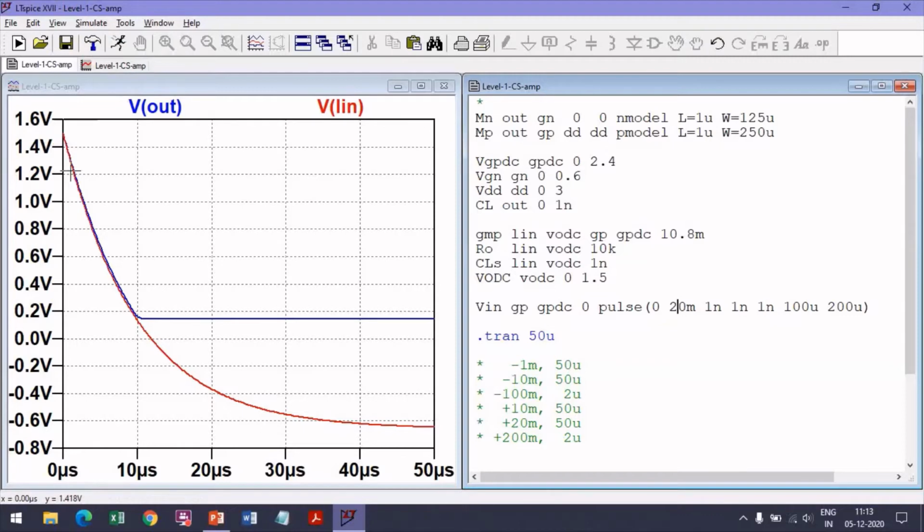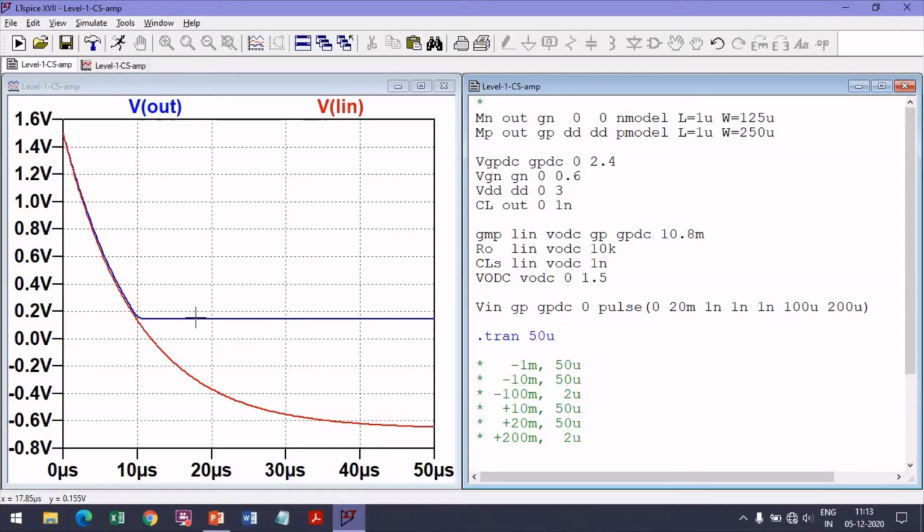But during the transient, the linear and the actual are more or less equal, because the input voltage step is still small. So even for a 20 millivolt step, the linear model is valid until M1 goes into triode.